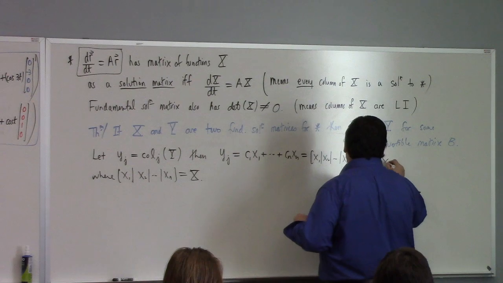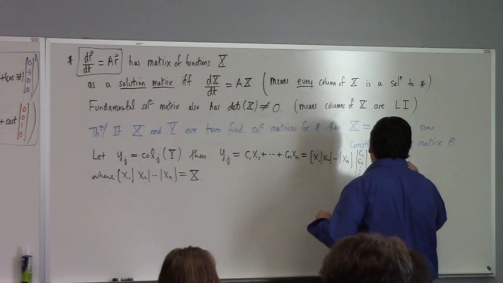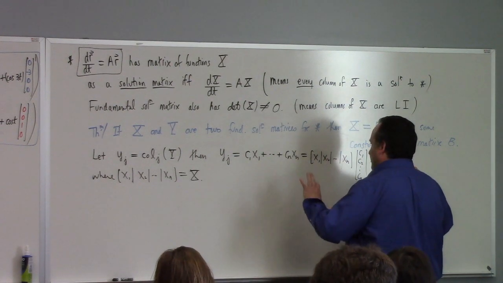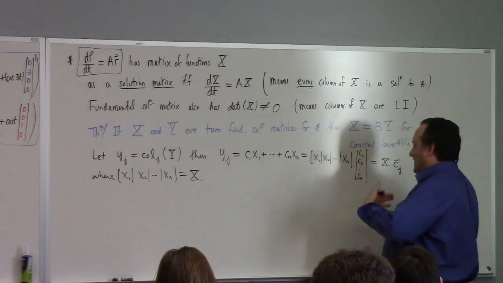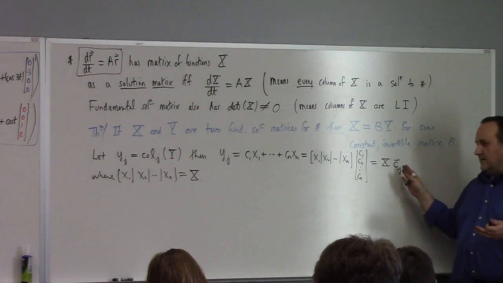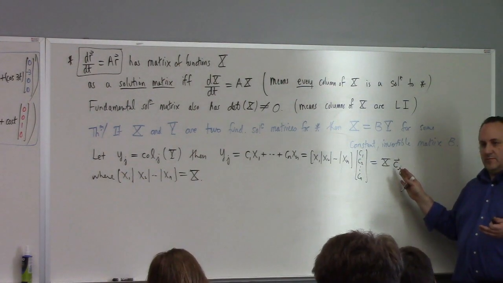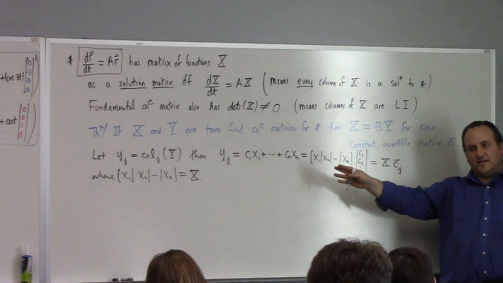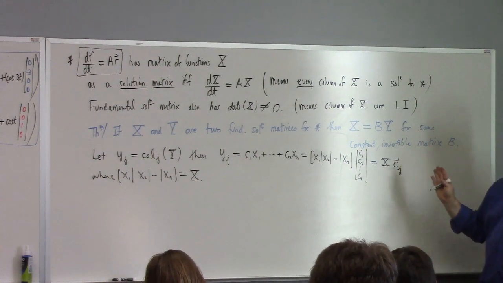In other words, it's X times some column vector, which I'm going to call Cj, since it has a j dependence here, right? We're finding coefficients to build the jth column in Y.